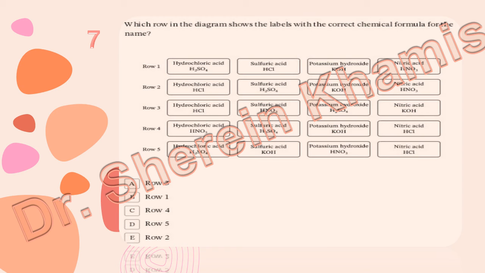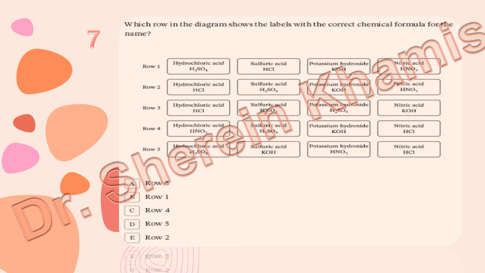In row 2, we have hydrochloric acid HCl, sulfuric acid H2SO4, potassium hydroxide KOH, and nitric acid HNO3. All of the row is right.